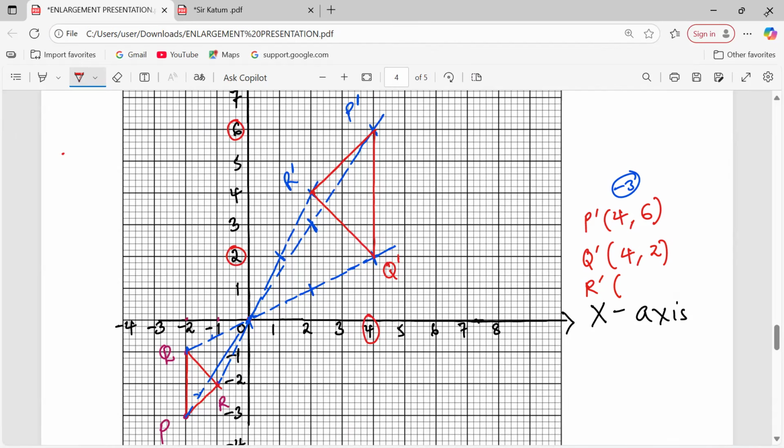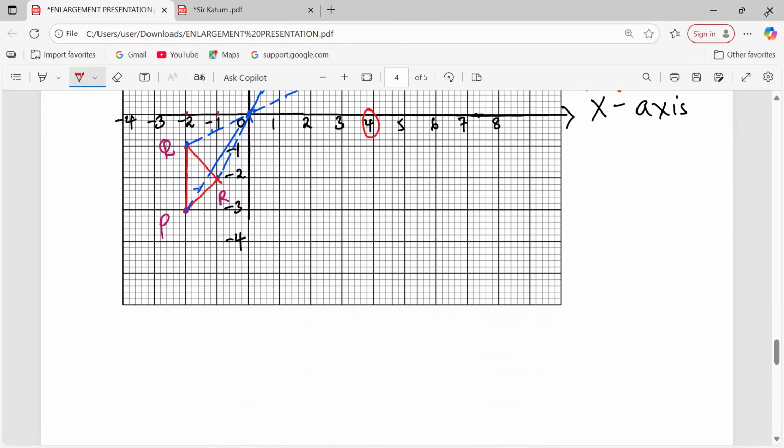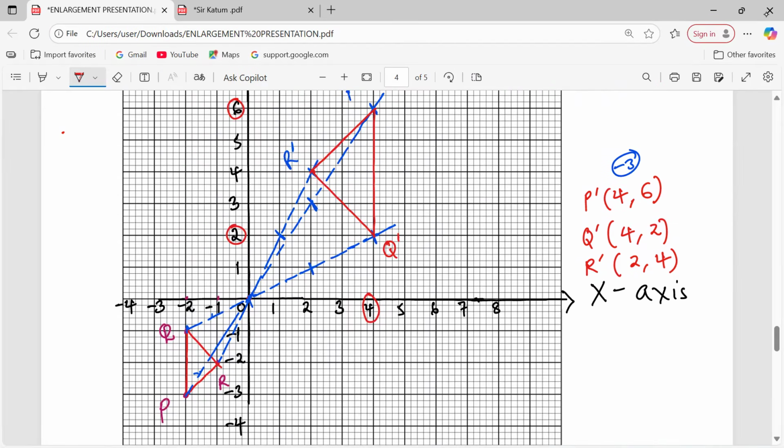Below coordinate R prime, we are having 2. And alongside that, we are having 4. So we have the coordinates properly stated. We have enlarged using a negative scale factor, whereby from the center, we are targeting the opposite side.